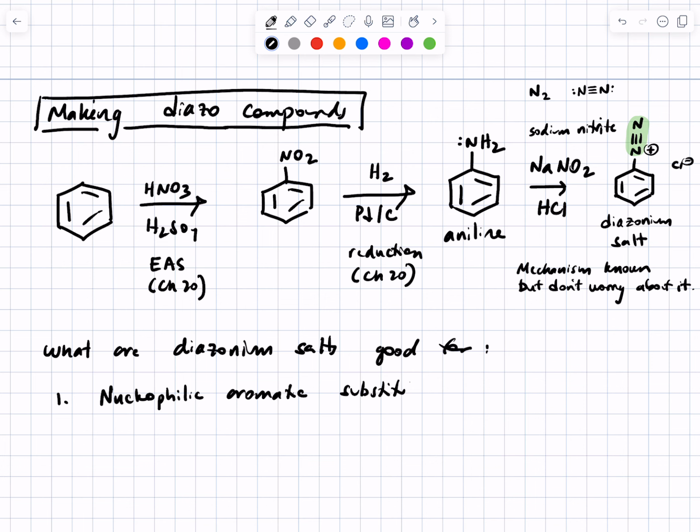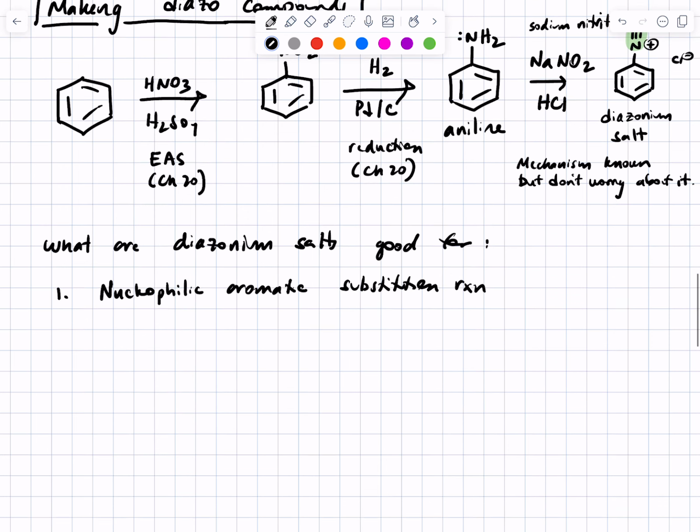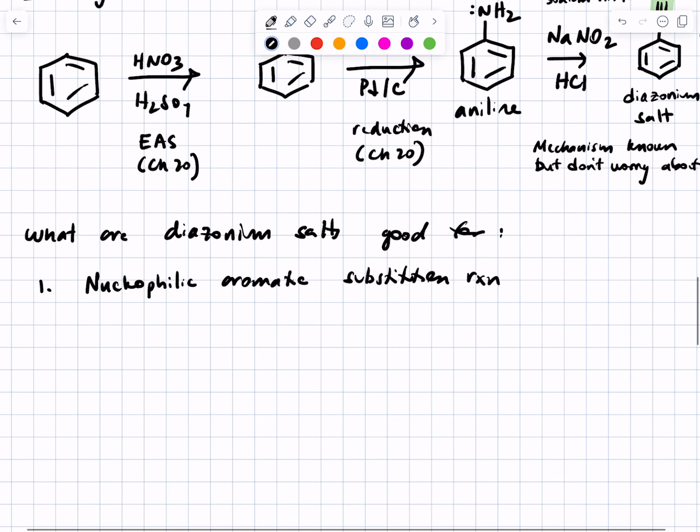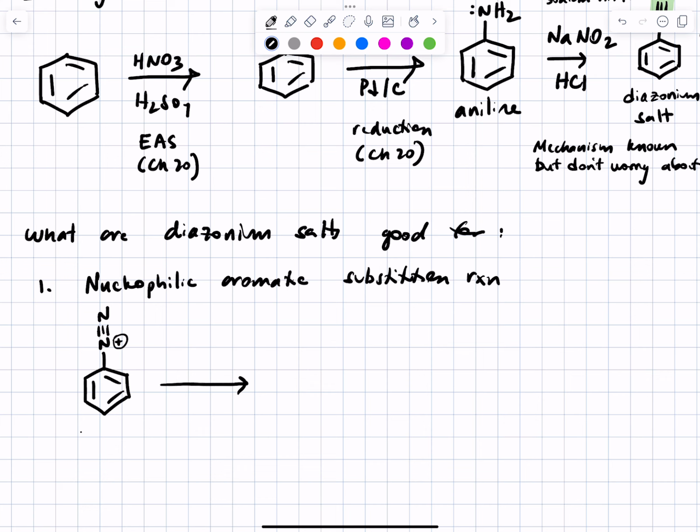So this is different from all of the reactions we talked about in chapter 20, because instead of the benzene ring acting as a nucleophile, as was the case for all of those reactions in chapter 20, we now have an exceptionally good leaving group attached to the benzene ring. Now we can use the benzene ring as an electrophile.